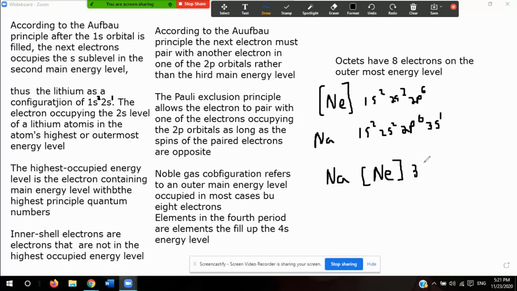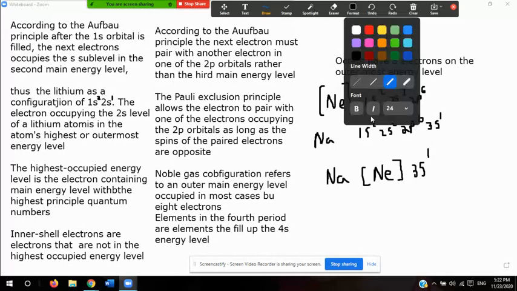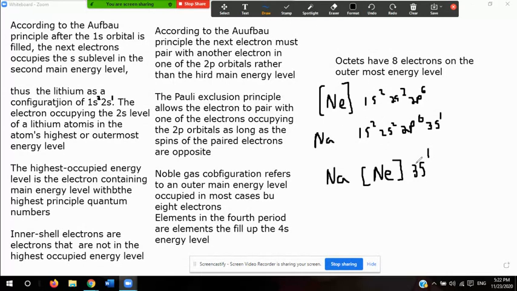Because I know that the configuration of neon is similar to the configuration of sodium, at least in the first three energy levels, 1s2, 2s2, and 2p6. And all I'm missing is the 3s1. So instead of writing 1s2, 2s2, 2p6, 3s1, all I do is simply say, well, neon is the closest noble gas to that, and then 3s1. So that's noble gas configuration for sodium.